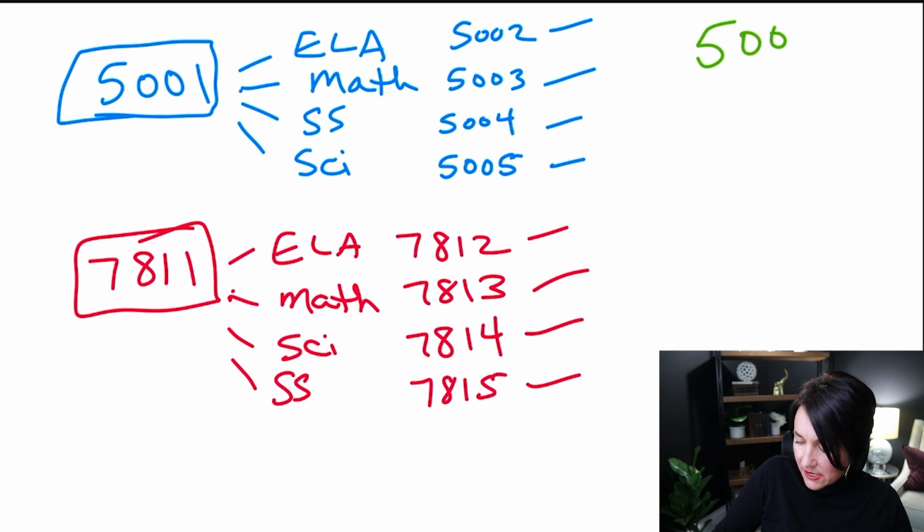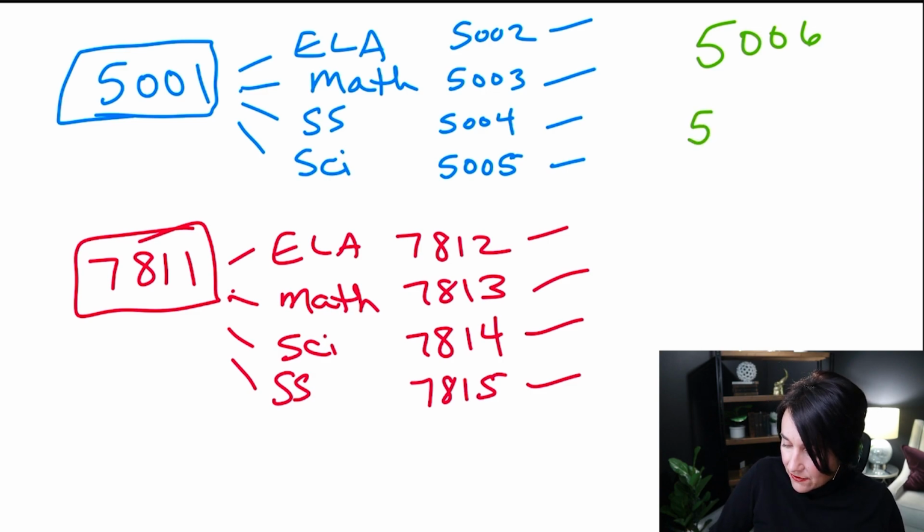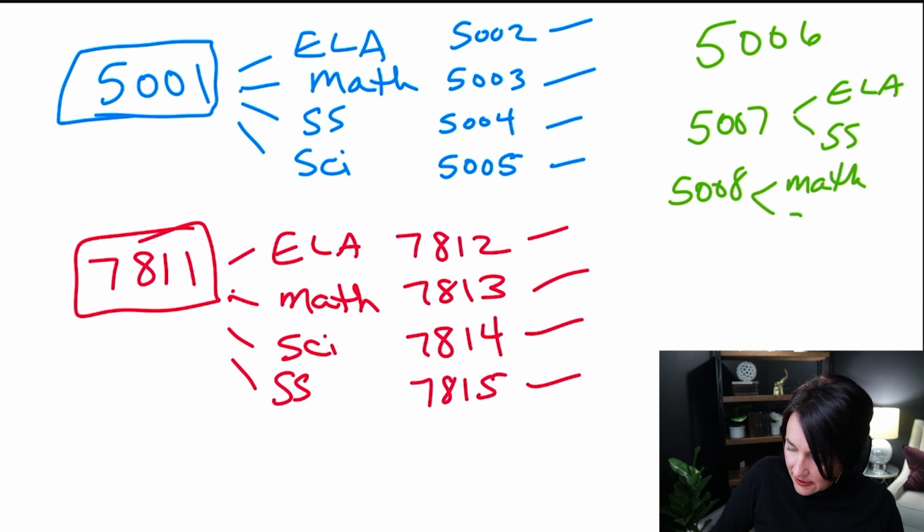And then we move on to a brand new test, 5006. And this is structured a little bit differently. There are only 2 subtests on here. And what they've done is they took the 5007, and that is the English Language Arts and Reading and Social Studies, and the 5008, which is the math and science.